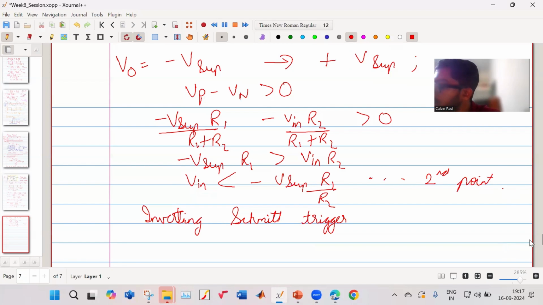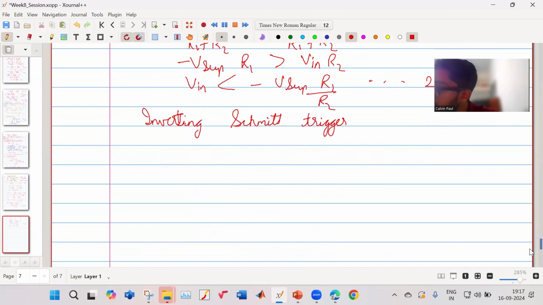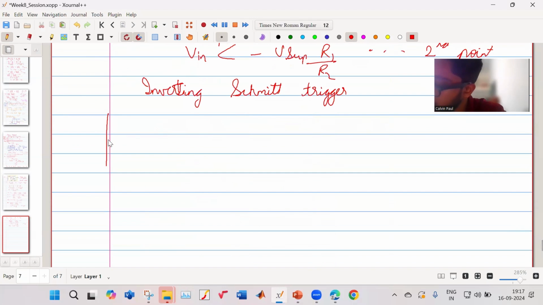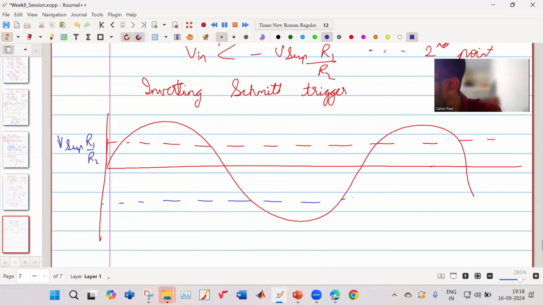Okay. So in this circuit, what actually happens is: minus V supply into R1 by R2.